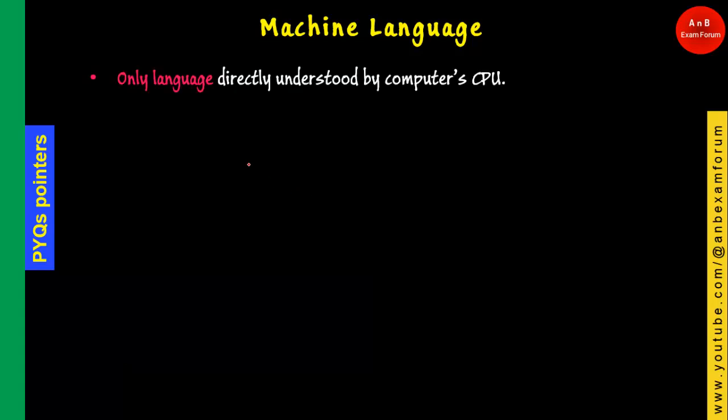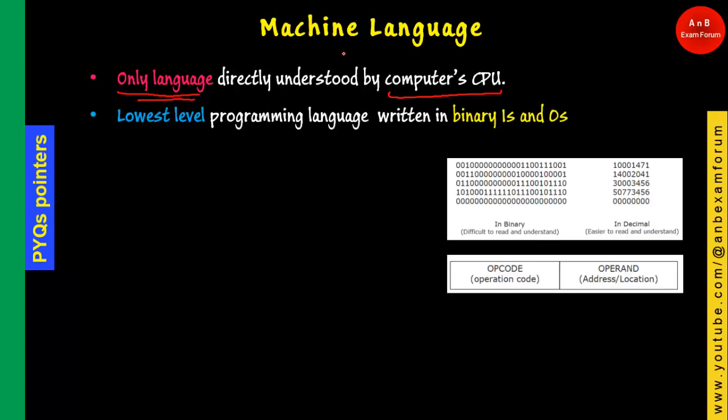Machine language is the only language which can be understood by the computer CPU. High level languages or middle level languages cannot be understood by the machine. The only language the computer can understand is machine language. And what does this language contain?